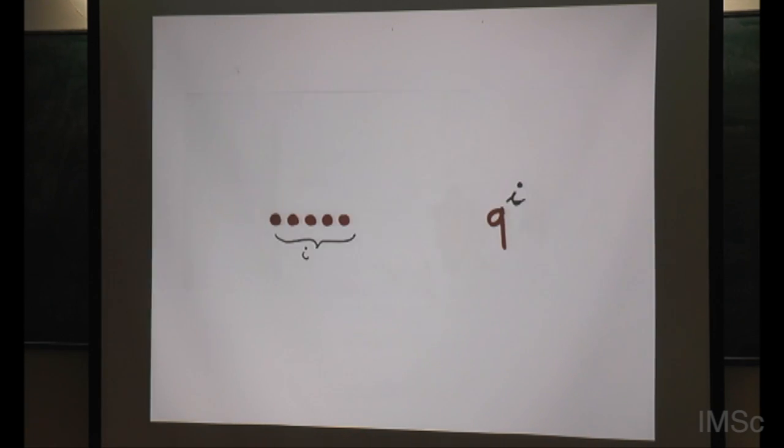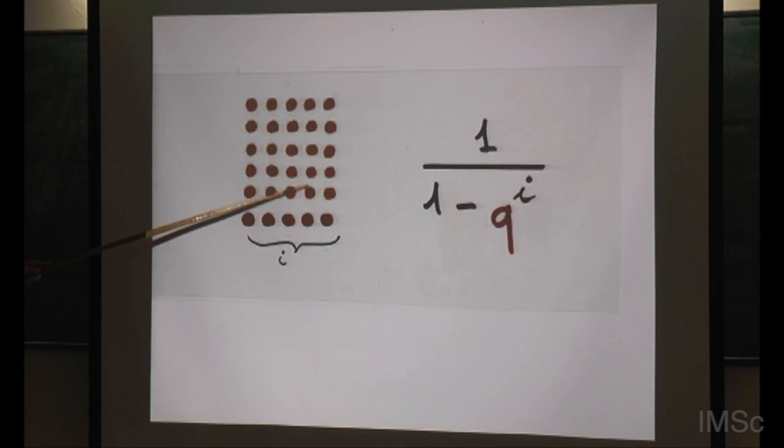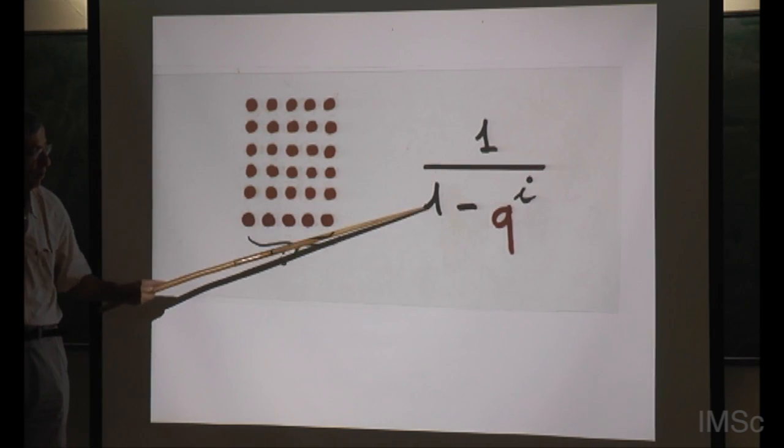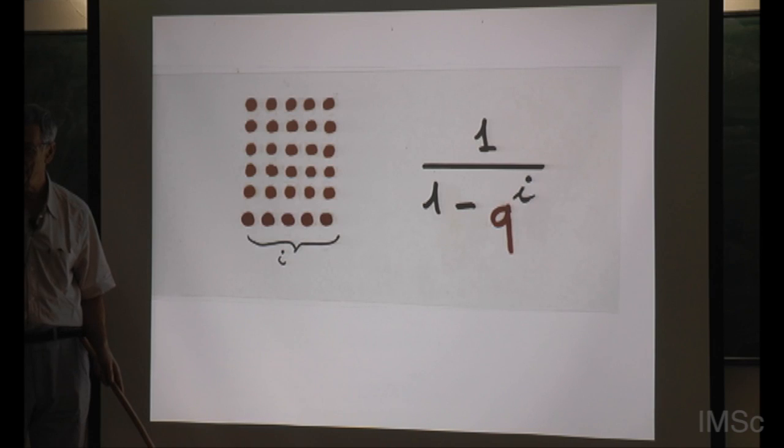Now if you repeat a sequence of rows like this, 1 row, 2 rows, 3 rows, so take a rectangle. This is going to be a rectangle with i columns. Such a generating function of a rectangle having i columns is a sequence of rows. 1 row is q power i. So the sequence of is 1 over 1 minus the generating function.